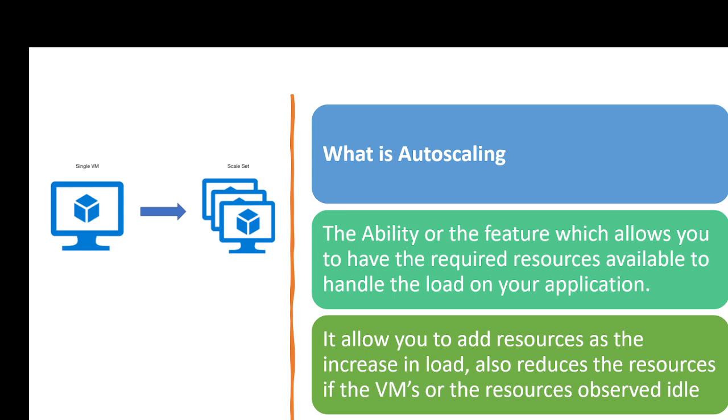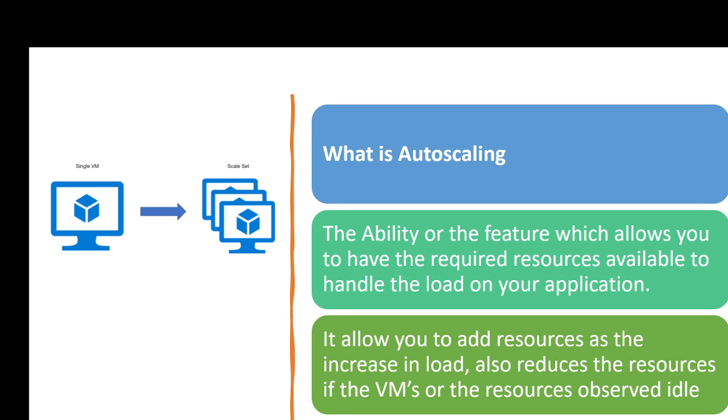Okay, so you see here, the feature allows you to have the required resources available to handle the load on your application. The same thing I told you, you have to maintain the application performance. That is why you will enable this auto scaling option. As soon as the utilization reaches 90%, you will increase the capacity of the virtual machine.